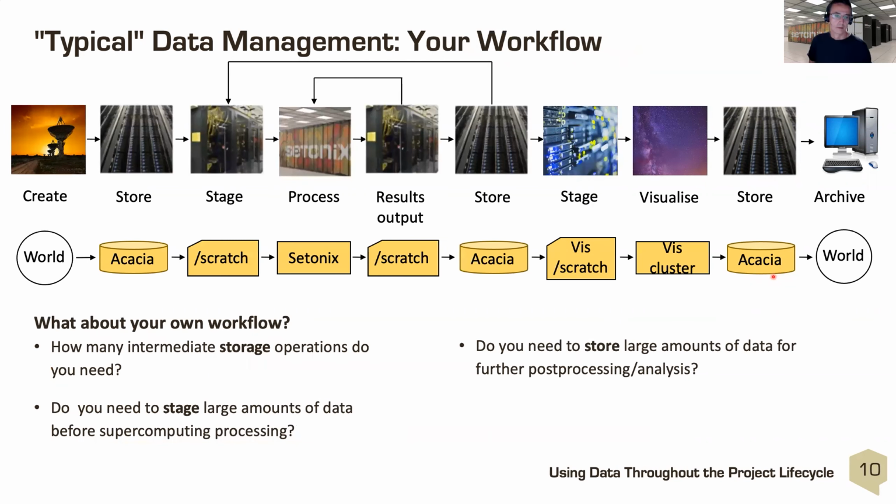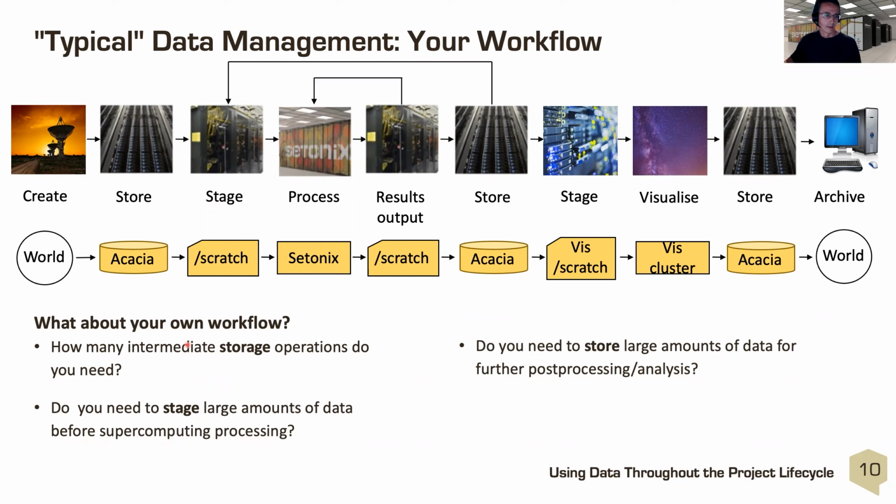Okay, so again, the whole picture of the workflow. So it is a good time to think about your own workflow. So basically, how many intermediate store operations into Acacia you may need.